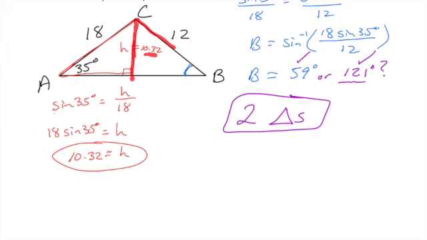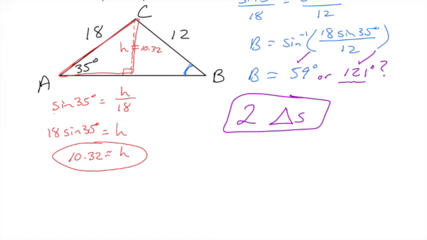So it's going to be long enough to touch, but it would dip below a bit. And if you swing it like a pendulum, you can get one triangle right here. And notice that's the obtuse triangle. That's the one that's going to have a 121-degree angle. But you could also swing it right here, much like it's drawn right now, and that would make B be the acute angle, 59.